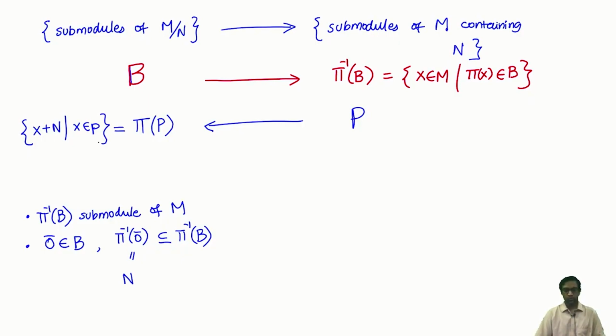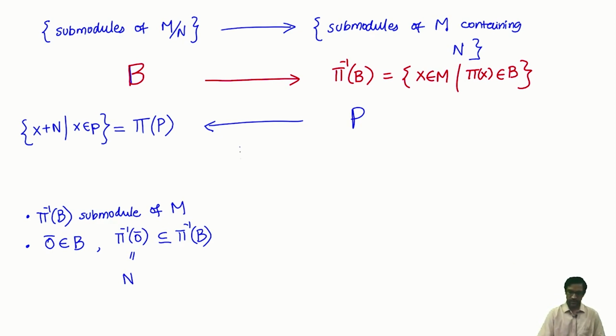Okay. So these are the two maps, and I claim that these two maps are inverses of each other, that they give you the bijection that you want. Or equivalently you could say that you can take any one of the two maps, let's say the red map, and show that it is one-to-one and onto.